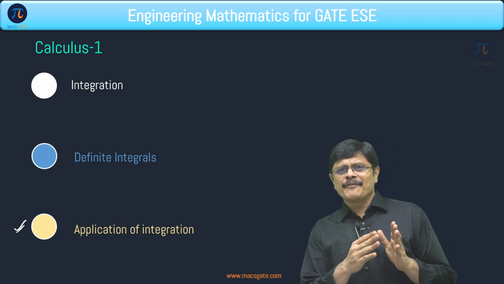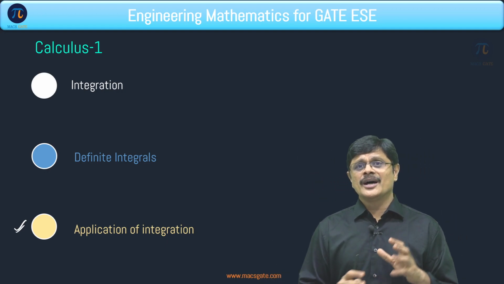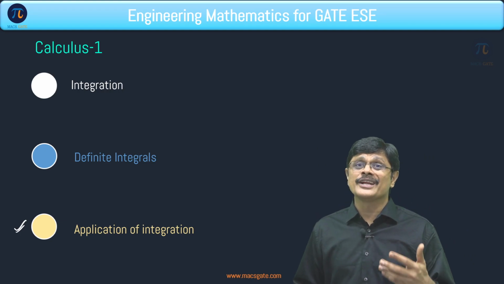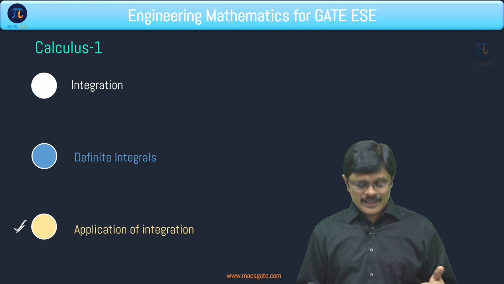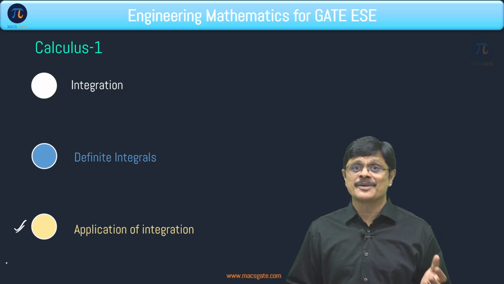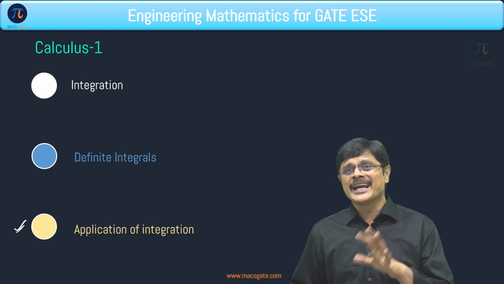We can find a good number of questions from the application of integration, and whenever they ask, it is generally for 2 marks. So, do not ignore this. Even some special improper integrals need to be discussed, like the gamma function and beta function, which are very, very helpful from the GATE point of view.